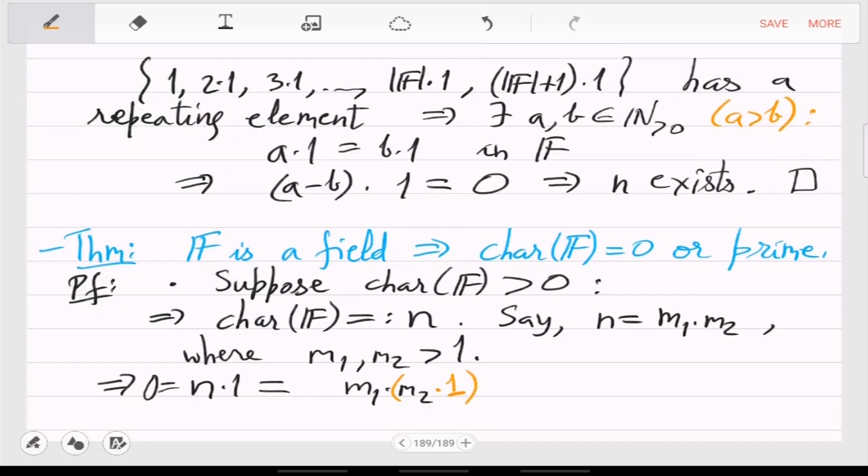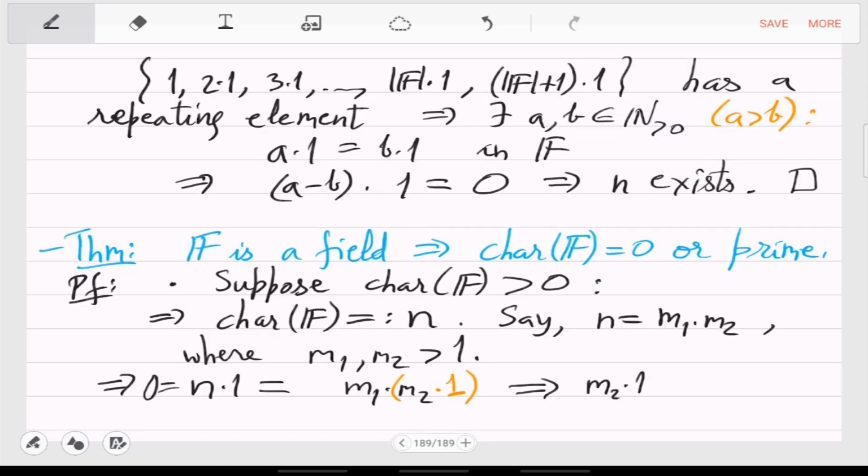So m2 times 1 is an element in the field. It's just 1 added m2 many times. And then that number is added to itself m1 many times, and you get 0. So what do you deduce from this? The bracketed part is a field element, right? So you can invert it. When can you not invert it?